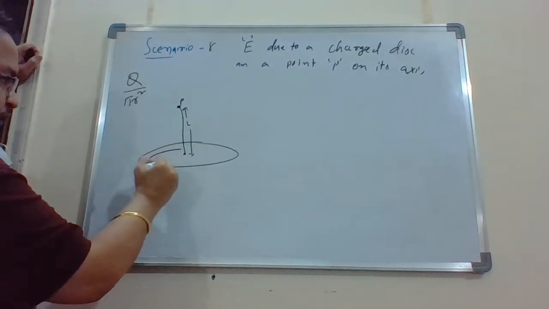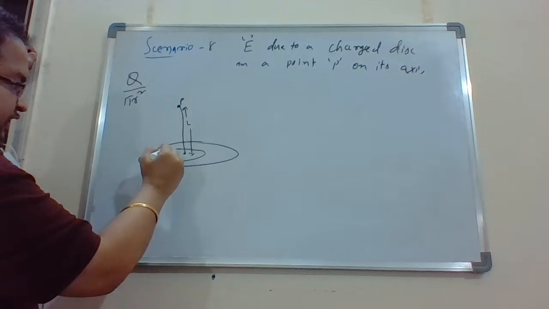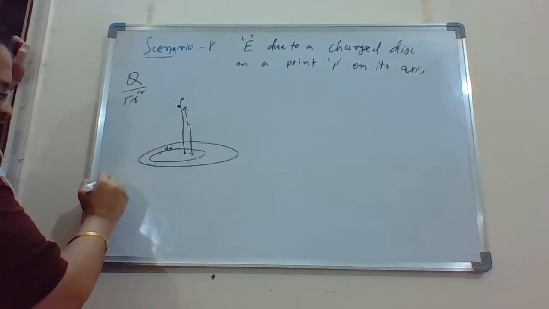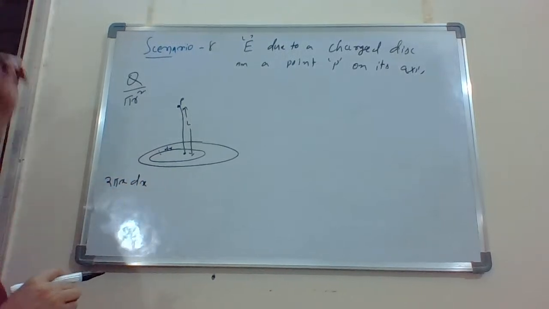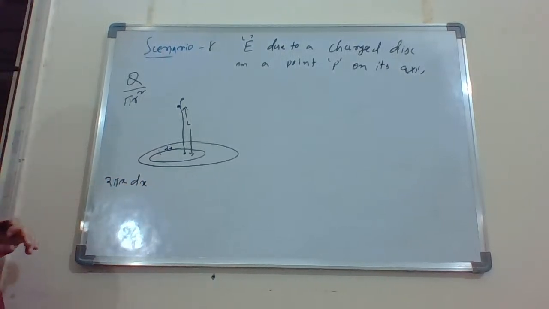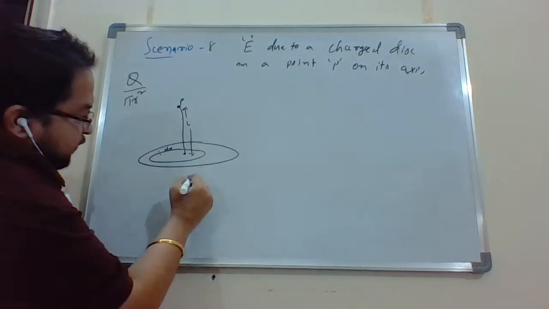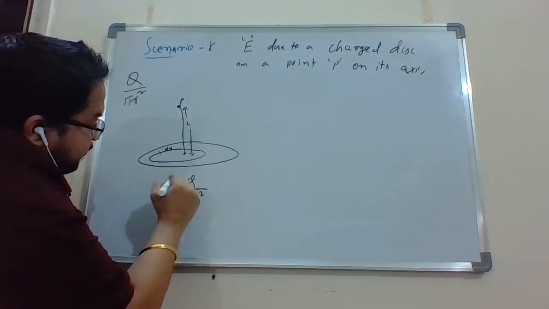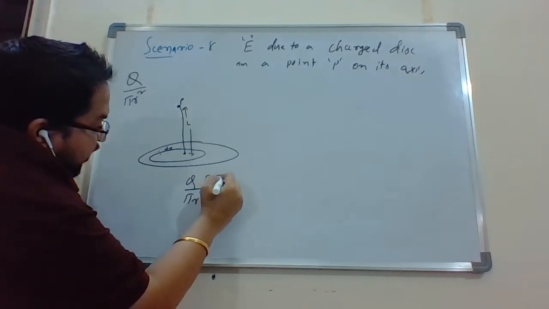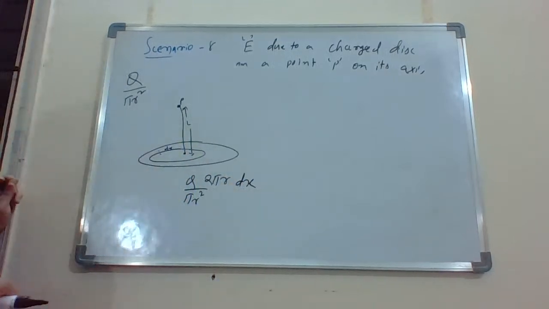We have taken a small segment of width dx whose area is 2 pi x dx. If the area is 2 pi x dx, what will be the total charge on it? Q by pi r square into 2 pi x dx. This will be the total charge on that.